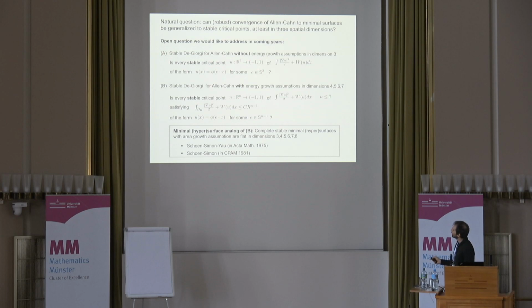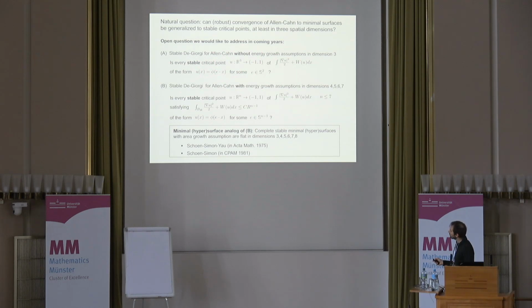So to say that they are of this form, and then you can classify them. But without energy growth assumption, removing the energy growth assumption. Now, this is hard. People tried, but well, this is hard, right? But it doesn't look impossible now.